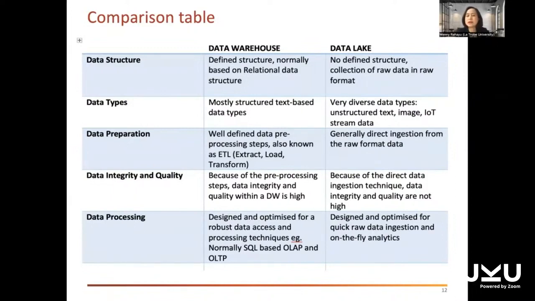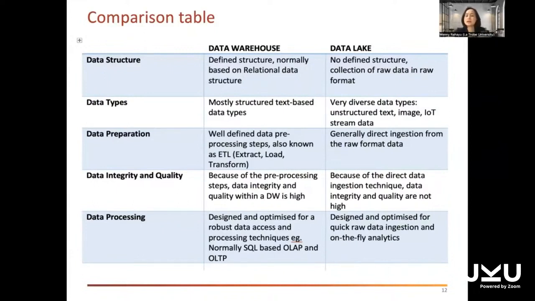They have a schema, they are mostly used to store text-based data types, and they are mostly relational. A data lake, on the other hand, doesn't have a schema, and therefore we can have very diverse data types: unstructured text, images, IoT stream data, and generally we ingest or directly store raw format data into the data lake.